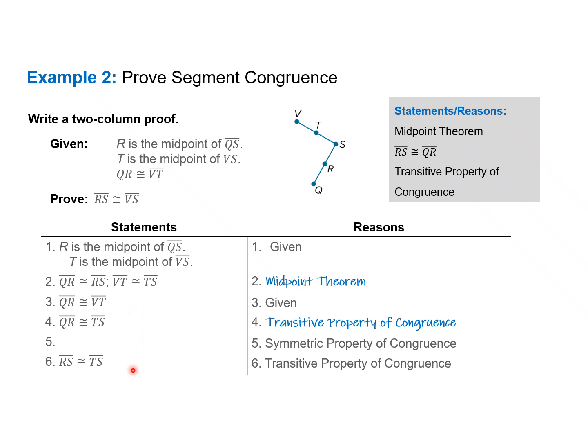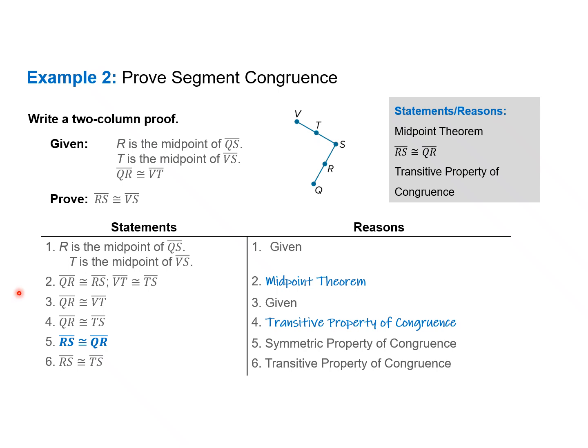Now, this time we have to come up with the next statement. What are we looking for here? We're trying to get to line segment RS is congruent to line segment TS, and they want us to use the symmetric property of congruence. So line segment RS, through the symmetric property of congruence, is congruent to line segment QR.